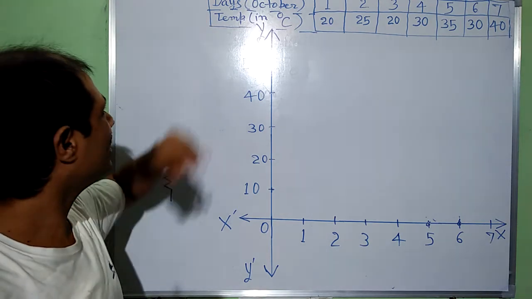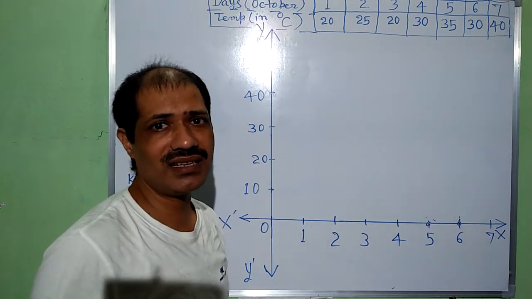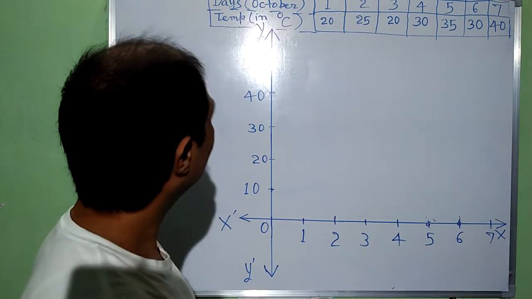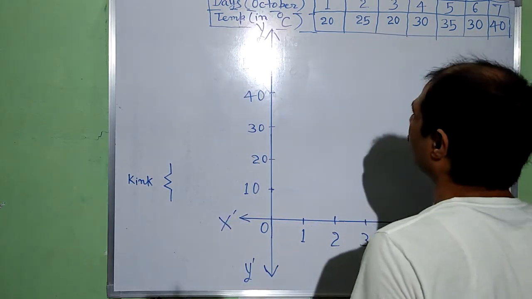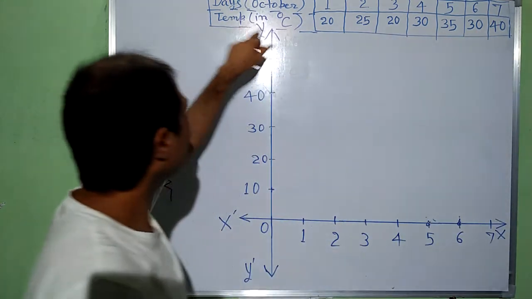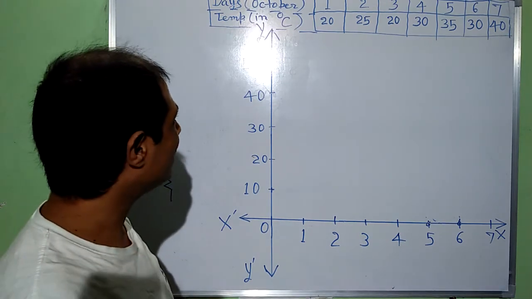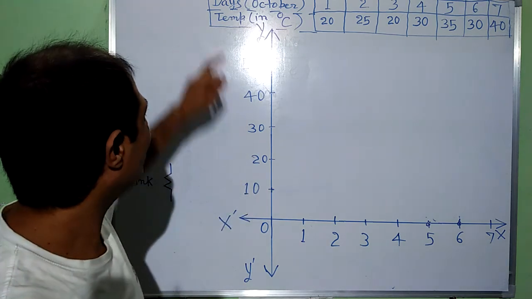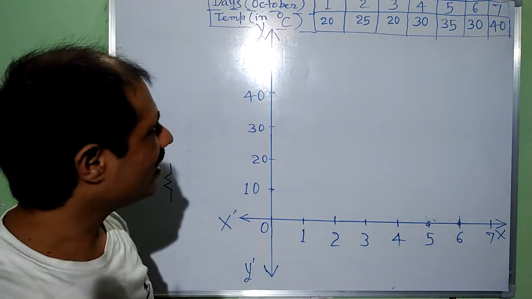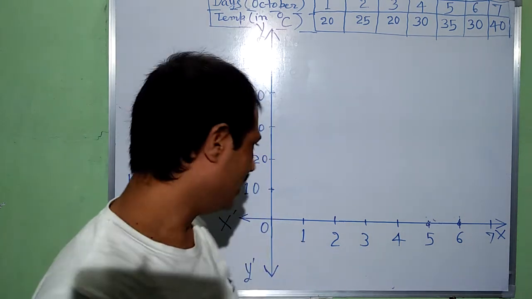Here are two quantities: days in a given month, that is October. Here 7 days are given: 1, 2, 3, 4, 5, 6 and 7. And temperature in degrees Celsius. In this month, temperature is recorded like this. There are two types of variables: one is the independent variable and the other is the dependent variable.